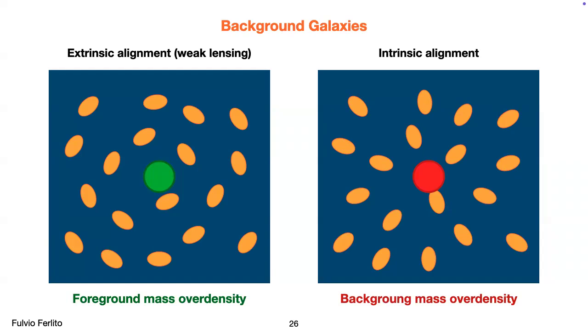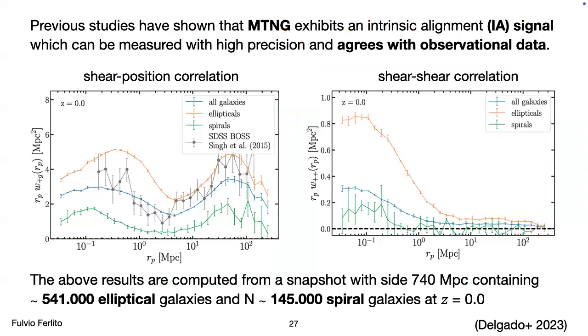So I hope I gave you an overview of what we refer to as intrinsic alignments. There was a paper within the MillenniumTNG collaboration that focused only on intrinsic alignment, not considering weak lensing, taking snapshots of the simulation.